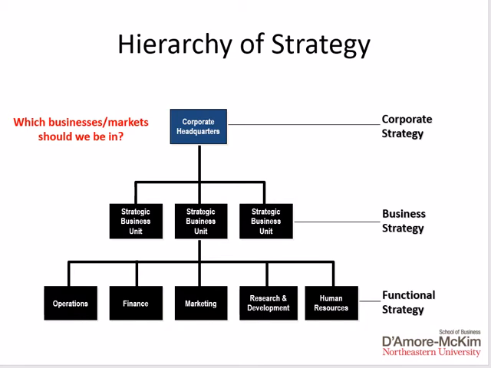As we mentioned with corporate strategy, the role of corporate headquarters is to manage these multiple strategic business units or multiple divisions. Now, these business units could be based on diversification, where each business unit operates in a different industry, or vertical integration, where each business unit represents a different stage of the value chain.